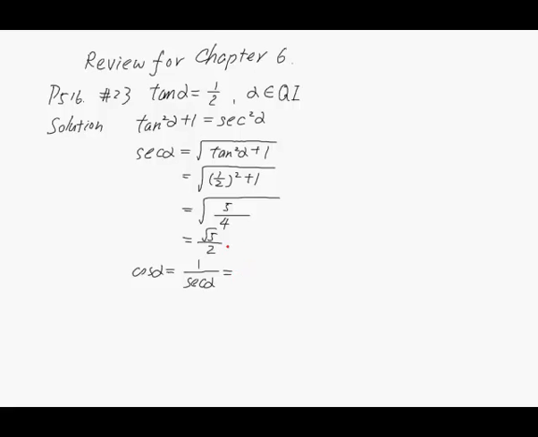So you just invert this fraction, then you have 2 over the root of 5. And then you rationalize by multiplying both the numerator and denominator by root of 5. Then you have 2 times root of 5 over 5.